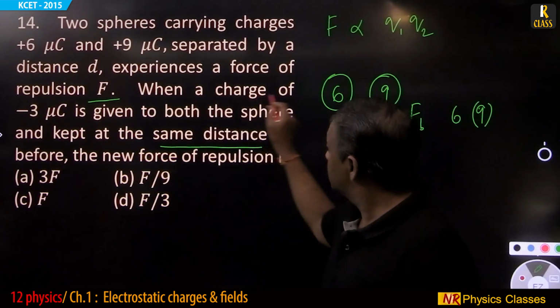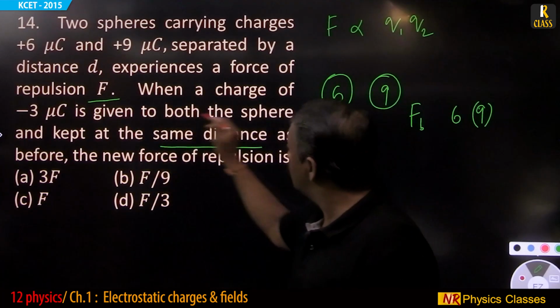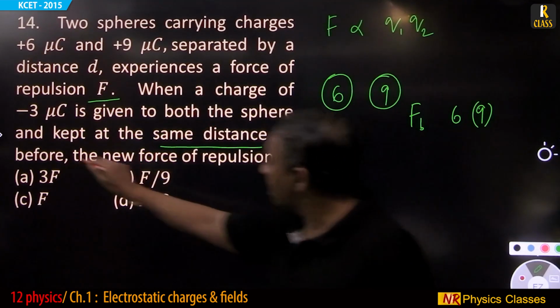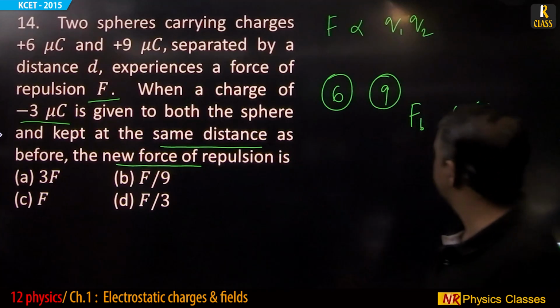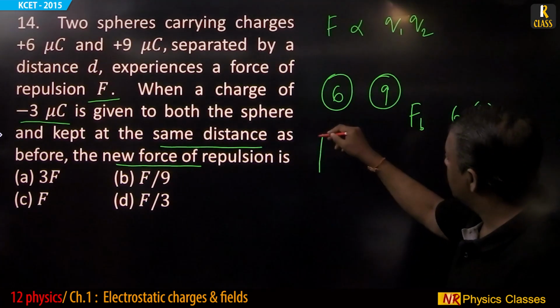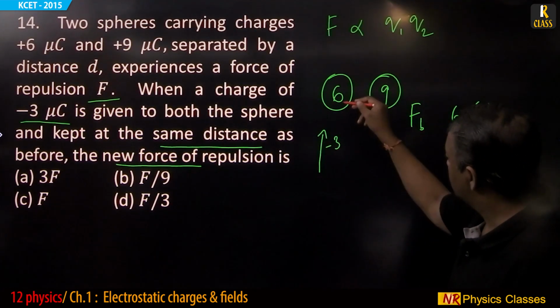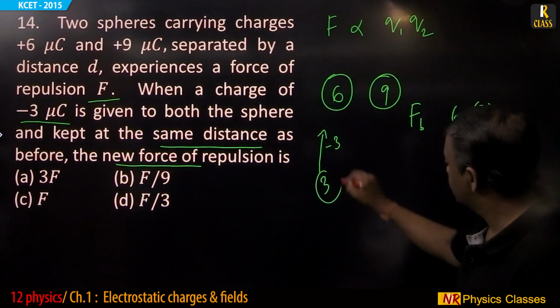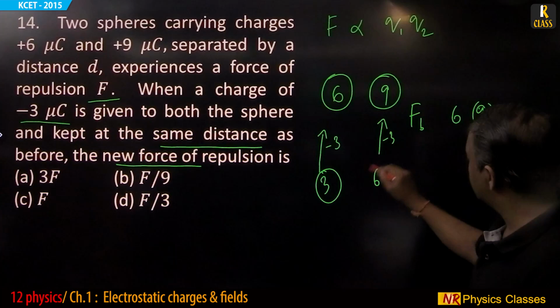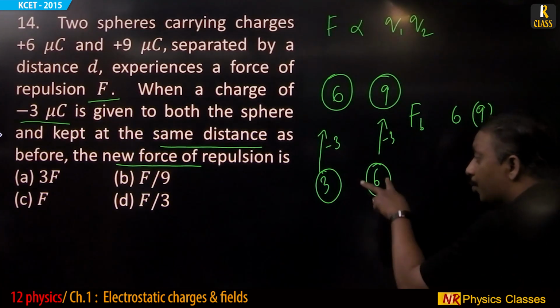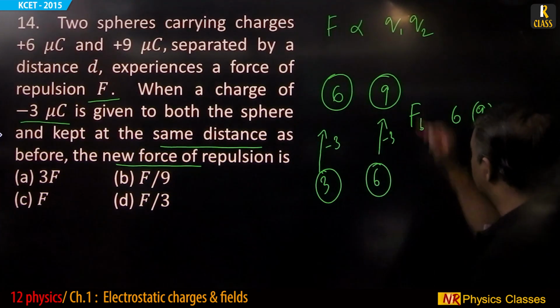A charge of -3 is given to both the spheres. -3 is given. We want new force. When -3 is given, this becomes 3. -3 is given, this becomes 6. Product of charges after.